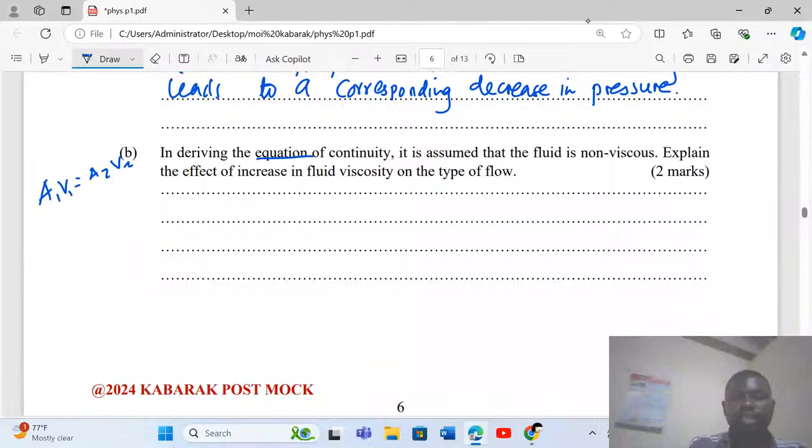So this one you can say, the more viscous, okay, an increase in viscosity.